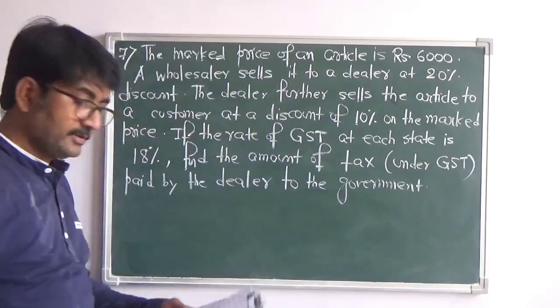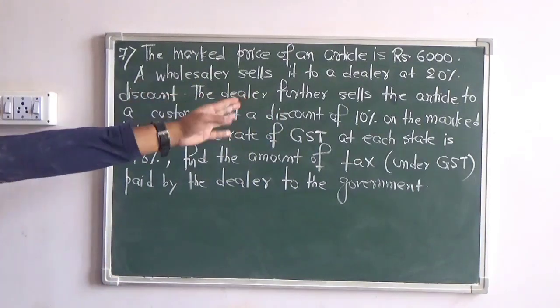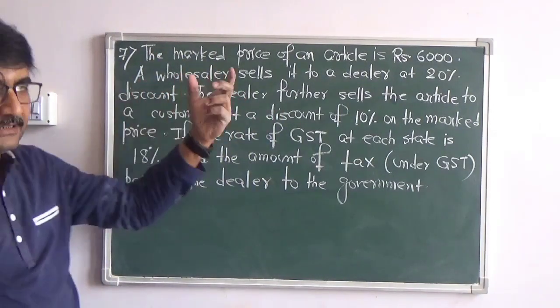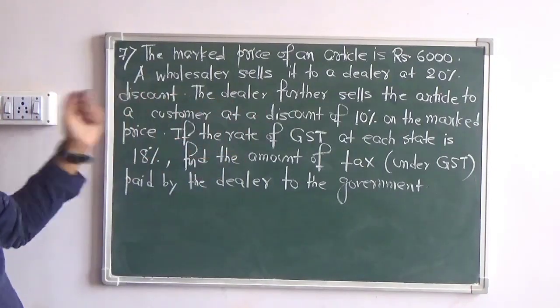So this is your question. The market price of an article is rupees 6,000. A wholesaler sells it to a dealer at 20% discount.